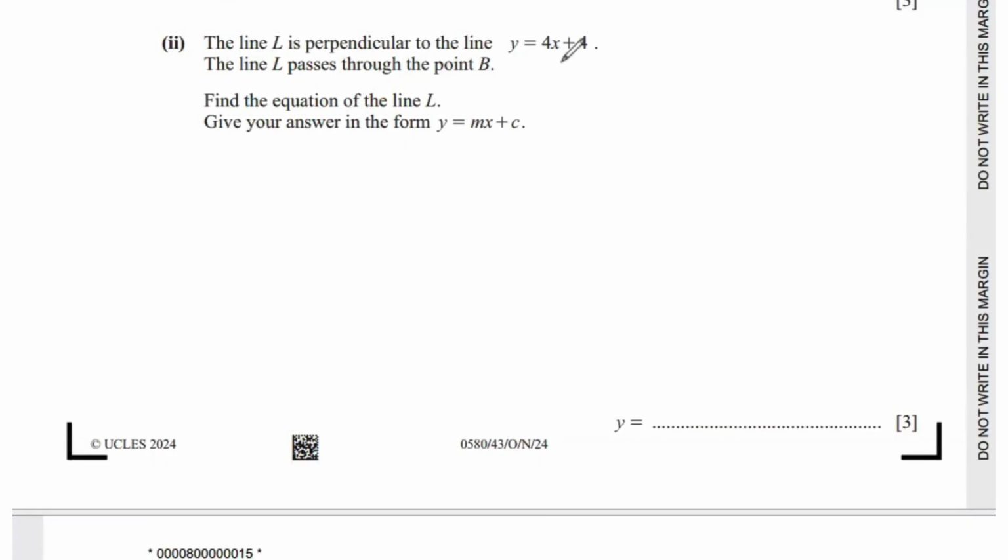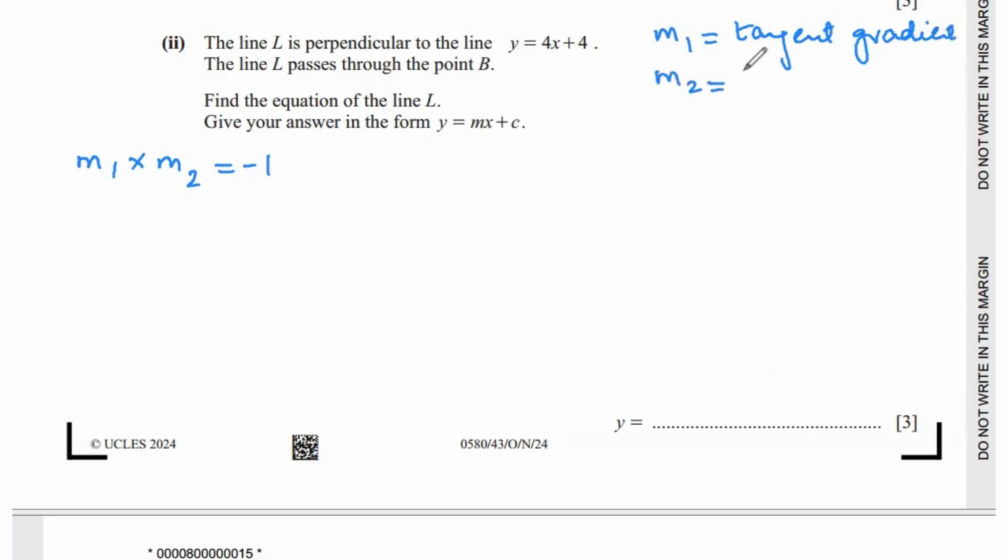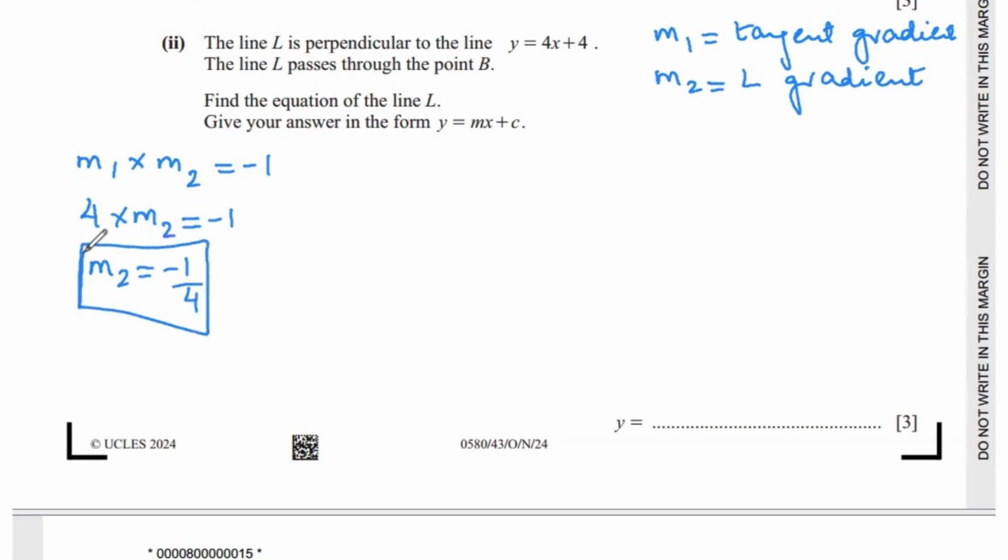So if it's perpendicular to this, that means m1 times m2 equals negative 1, m1 being the gradient of the tangent, and m2 being the gradient of the line L. So that's going to be 4 times m2 equals negative 1, and m2 is going to be negative 1 over 4. This is the gradient of the line L.